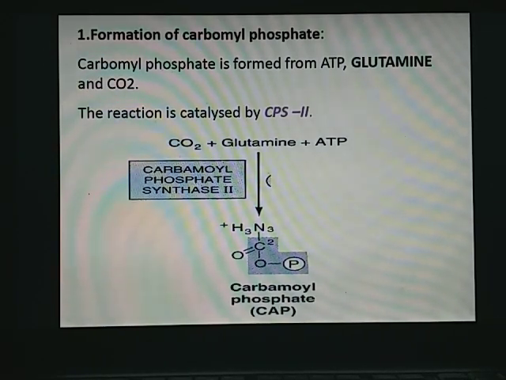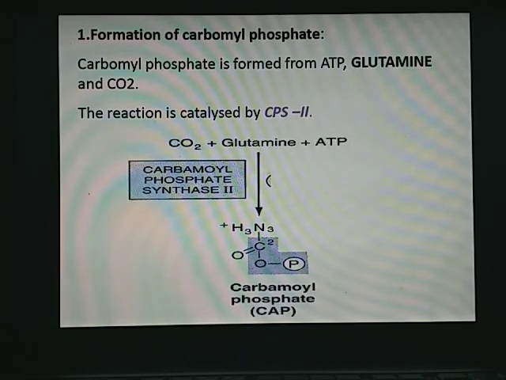The difference between these two enzymes is that carbamyl phosphate synthase 1 is a mitochondrial enzyme which is used in urea synthesis, but carbamyl phosphate synthase 2 is a cytosolic enzyme which is used in pyrimidine biosynthesis. Carbamyl phosphate synthase 1 requires N-acetyl glutamate as an allosteric activator, but carbamyl phosphate synthase 2 doesn't.